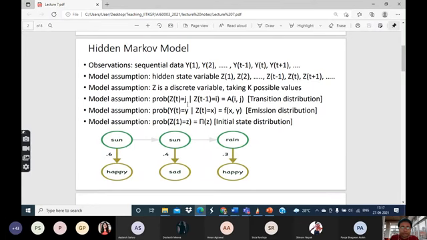I am not really interested in interpreting this z variable. But there is a matrix A which I call the transition matrix, and a_ij is basically giving you the probability that if the model is in state i at time t minus 1, what's the probability that at time t it will be in state j. Okay? So that is what is indicated by this transition distribution.